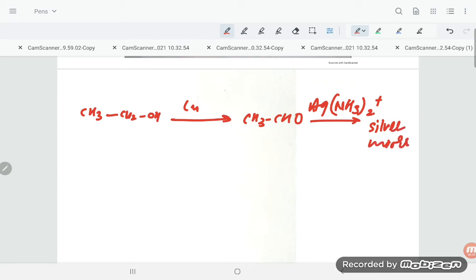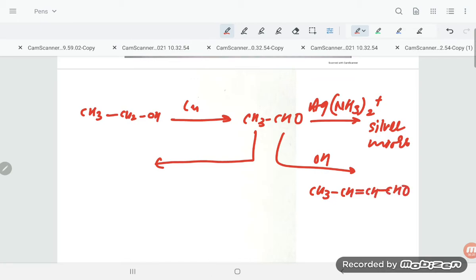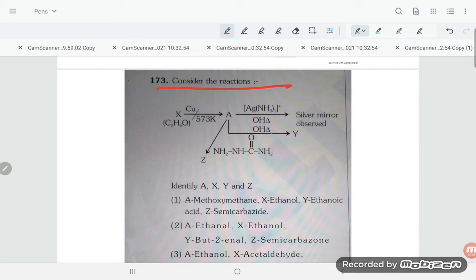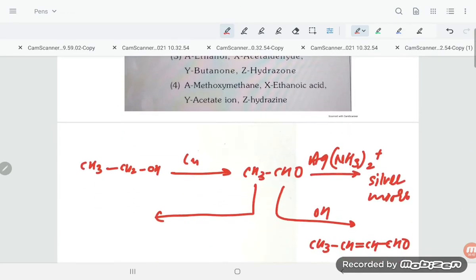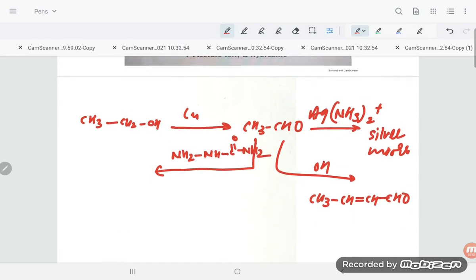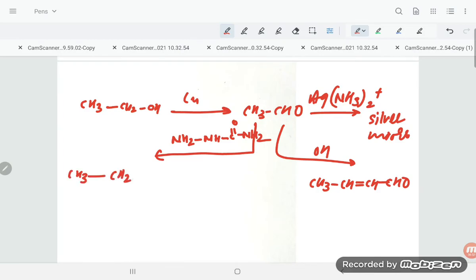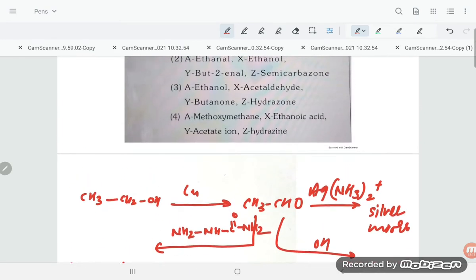If you are treating this with OH, it will give CH3CH=CH-CHO. And lastly, if it is being treated with NH2-NH-C=O-NH2, the product will be CH3CH=N-NH-C=O-NH2. This is the product. So this many products are going to be formed here.